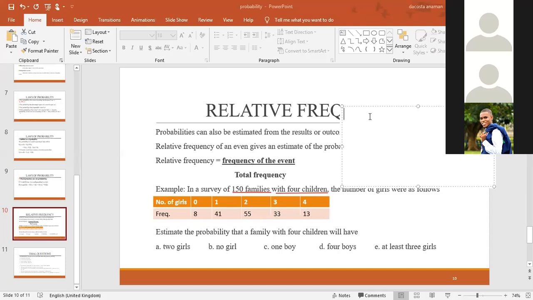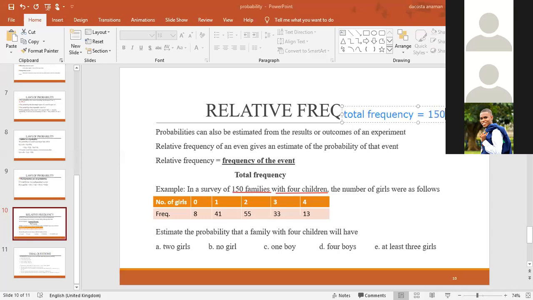Okay, so as you can see, what is the total number of families that were interviewed? That's the total frequency. The total frequency is 150.